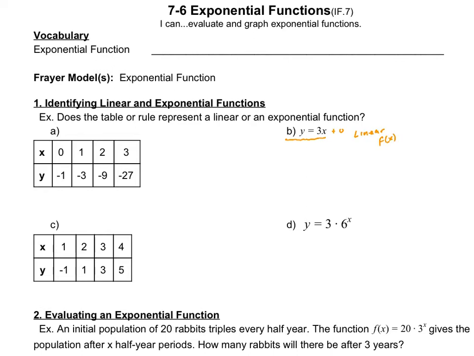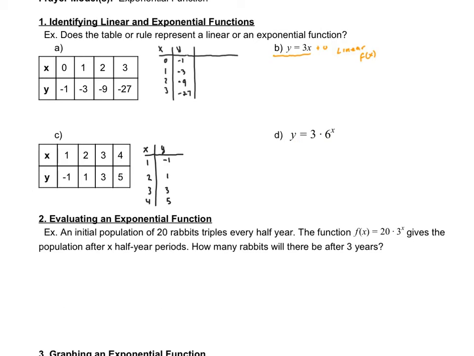Let's see, what else can we determine? I'm going to go ahead and change these tables around so they're a little bit easier to work with. And what I'm going to do here is sort of whittle away at what might be the easiest problems first. And we can see here, if we go to option C, as my x increases by 1, my y is increasing by 2.